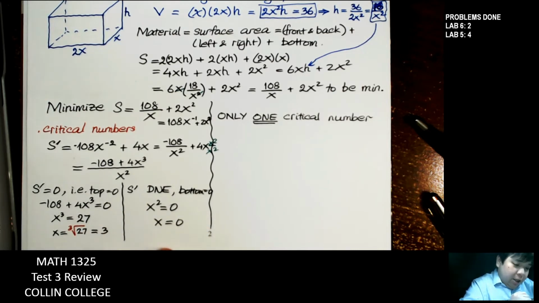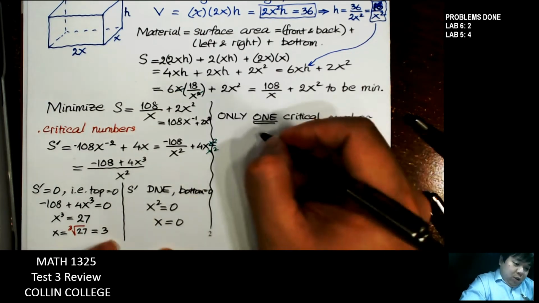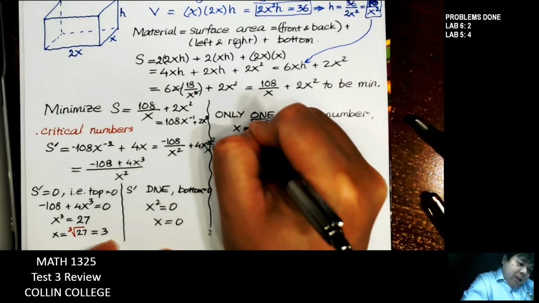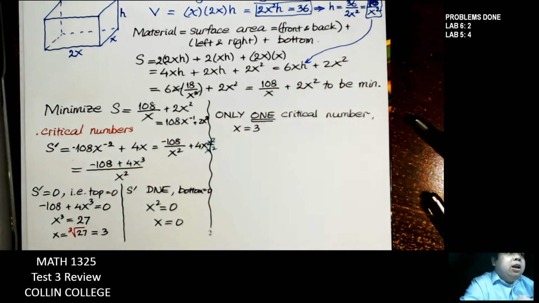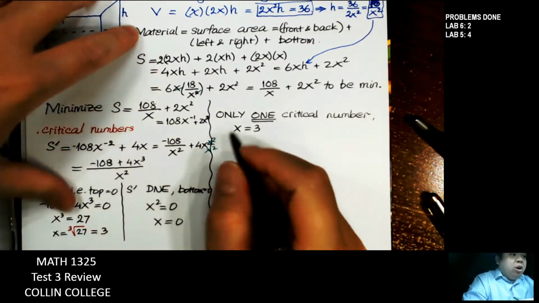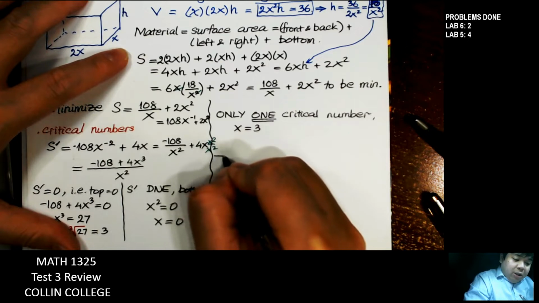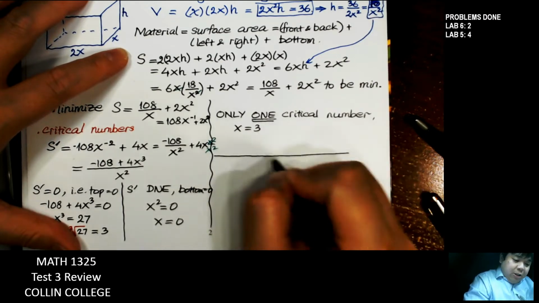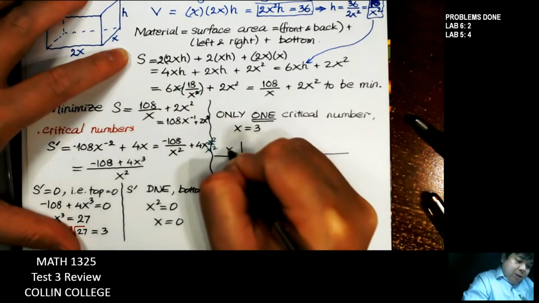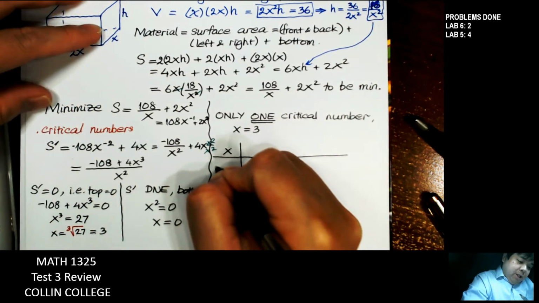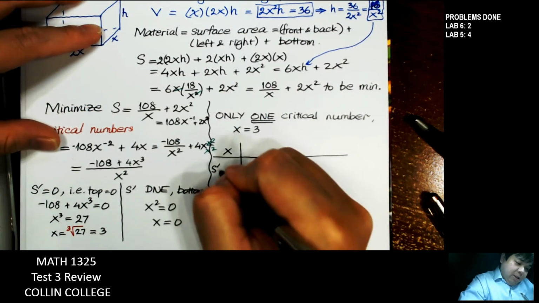Only one critical number, which is x equal to 3, by the way. Now, if there is only one critical number, we can do the sign chart instead of a table.